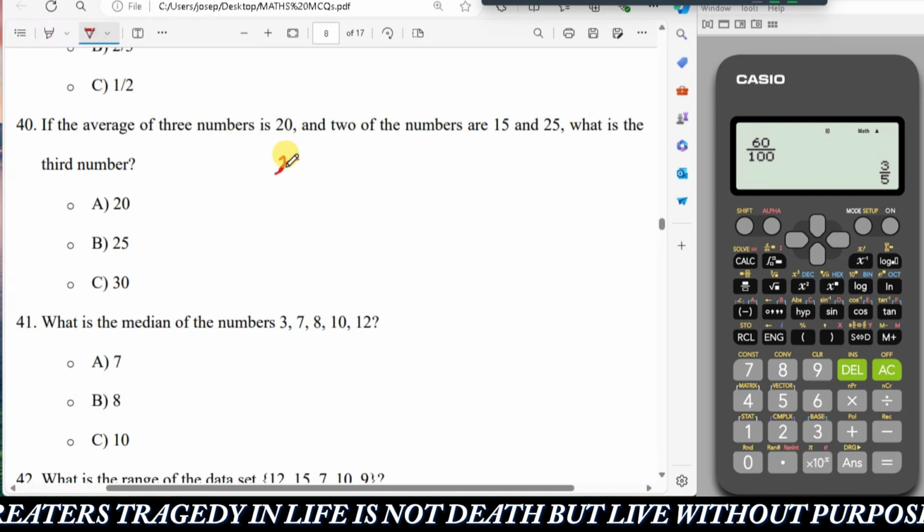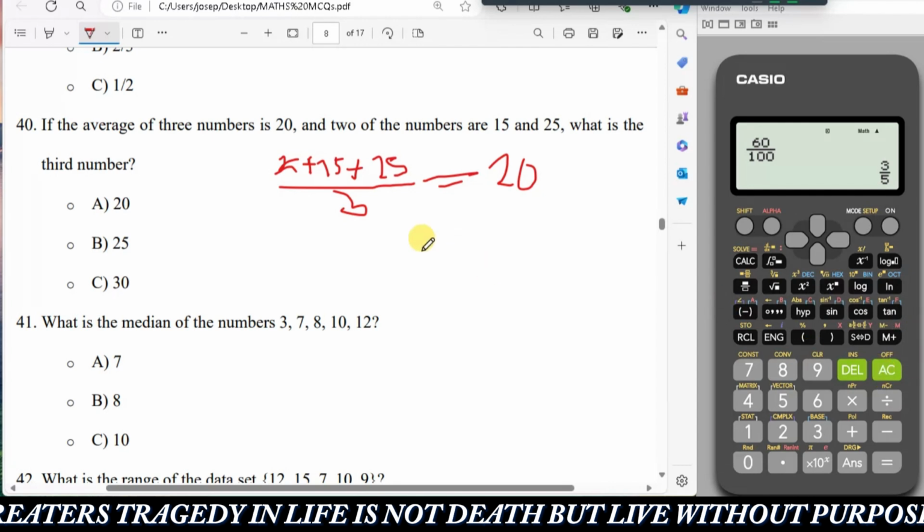So here we don't know the value of the other number. So all you have to do is add all of them: x plus 15 plus 25 and divide it by 3. And they are saying that that must be equal to 20.